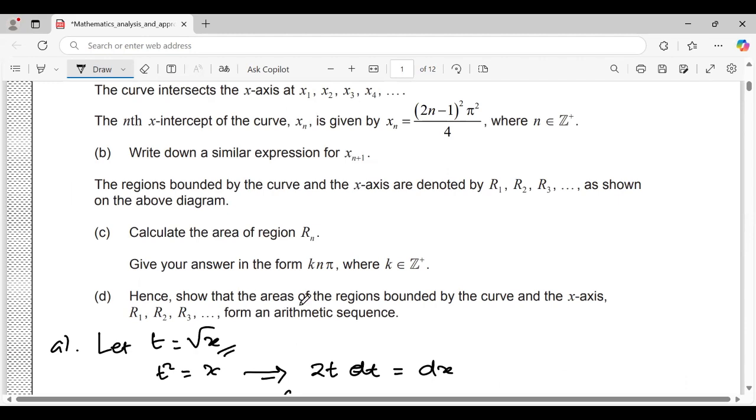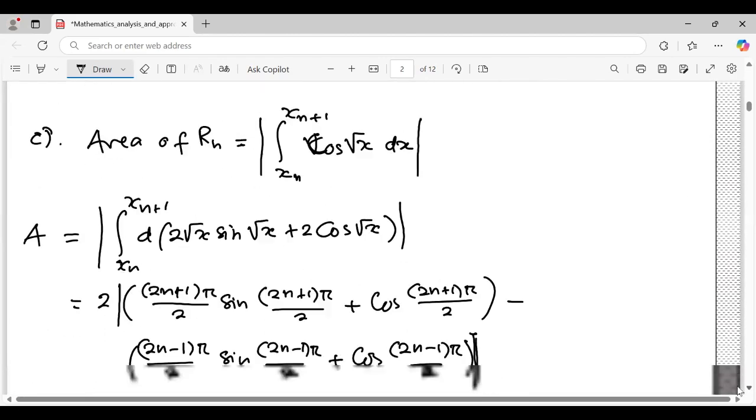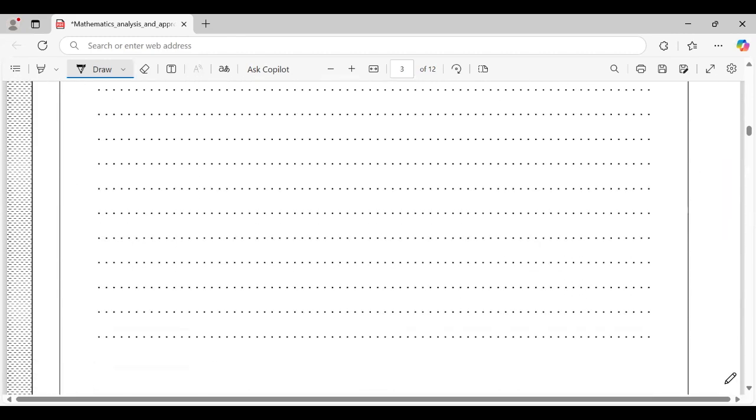Show that the areas of the regions bounded by the curve and the x-axis, R1, R2, and R3, form an arithmetic sequence. Okay. So if the constant difference of the arithmetic sequence is D, the difference in an arithmetic sequence is a constant.